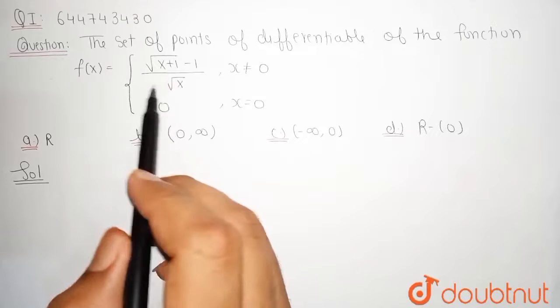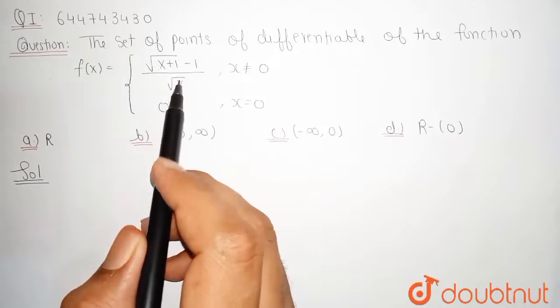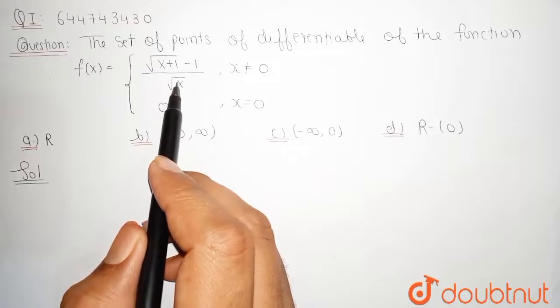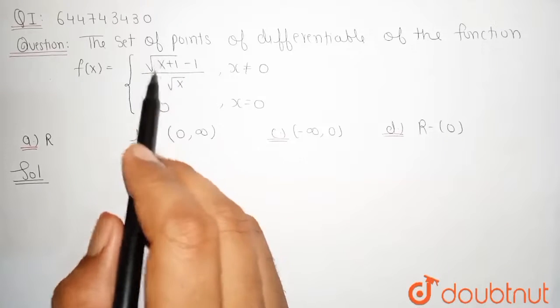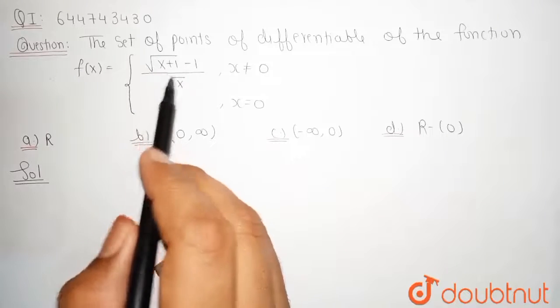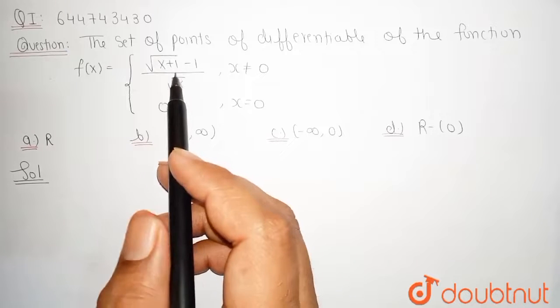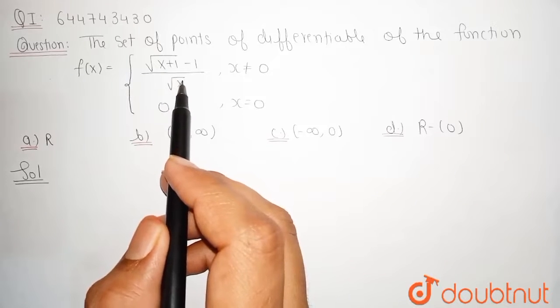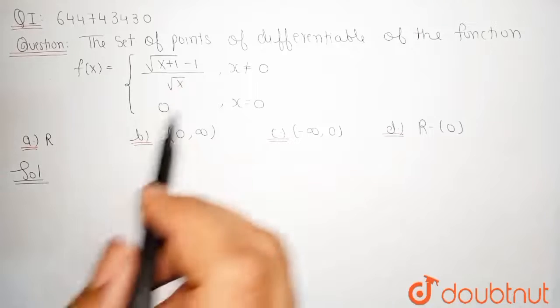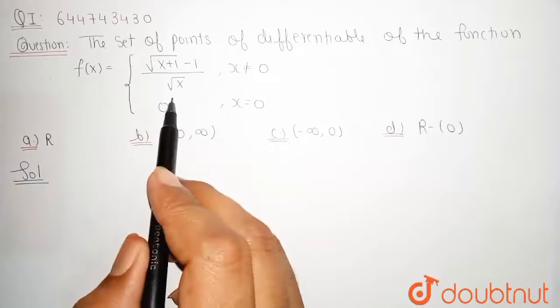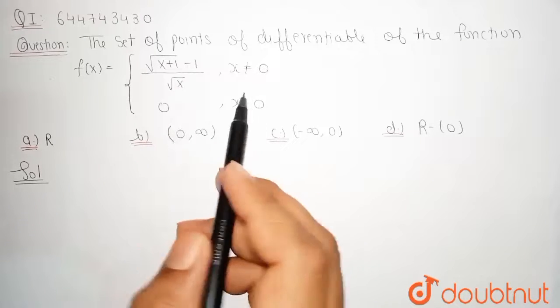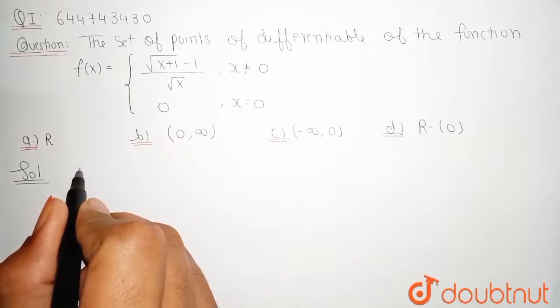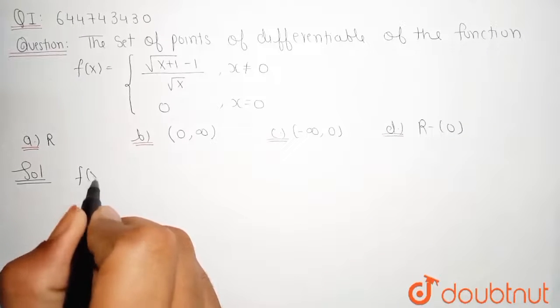Hence the domain of our function is x greater than 0, because then the square root is a positive real number. We are also given that at x is equal to 0 our function is 0, so 0 is also included.